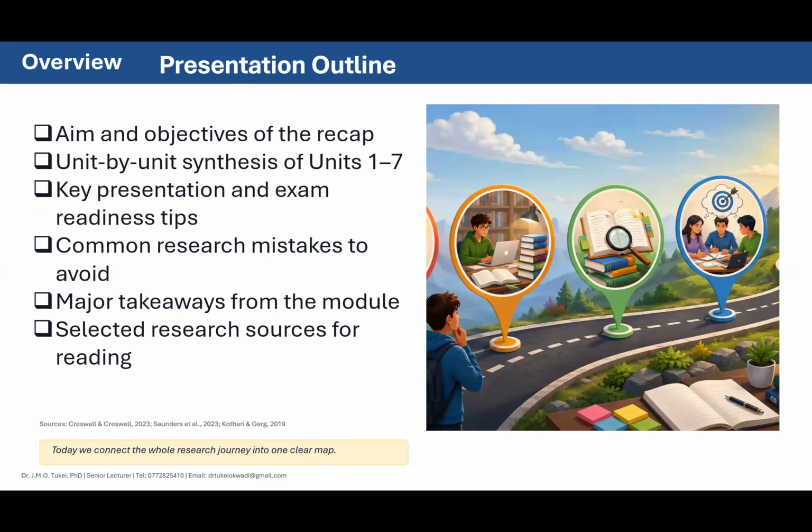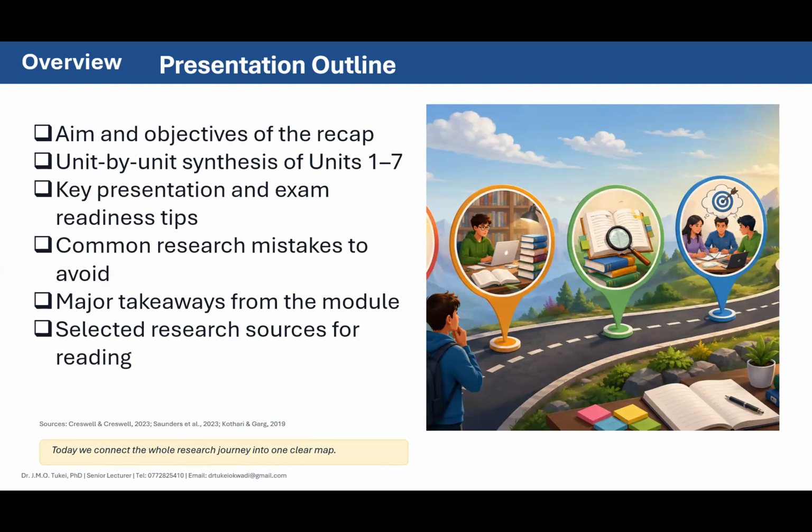So, colleagues, I want to ask a question. A student may understand sampling, yes, but still produces a weak study if the sample does not match the population. These are issues that we ought to understand.